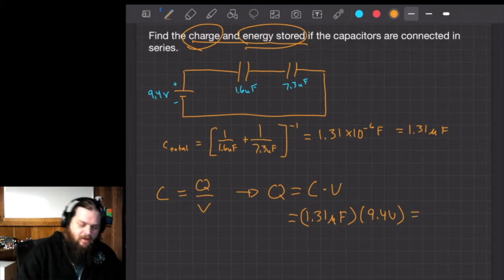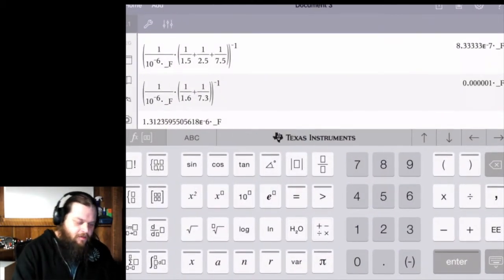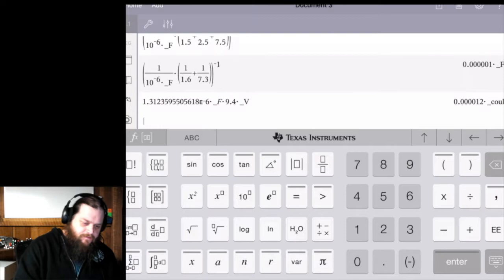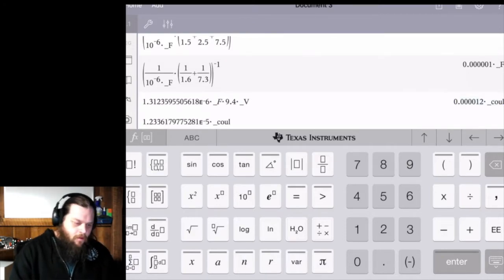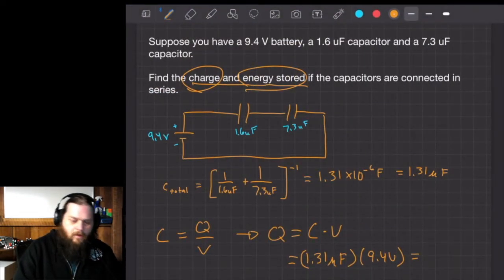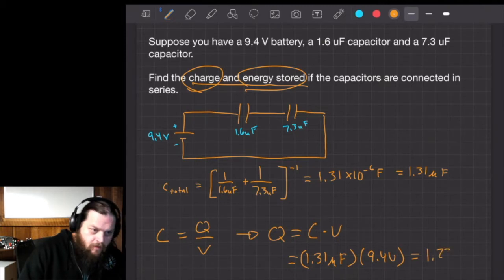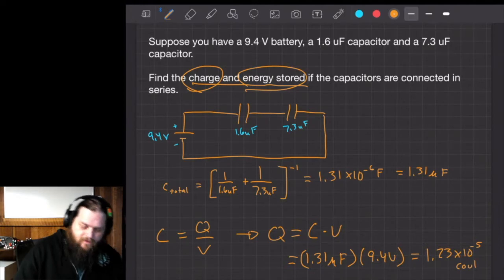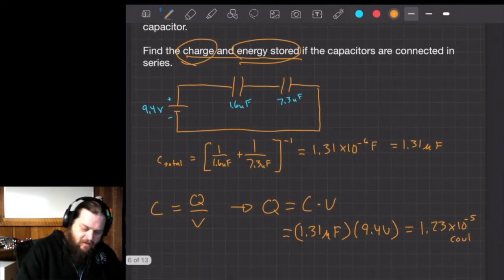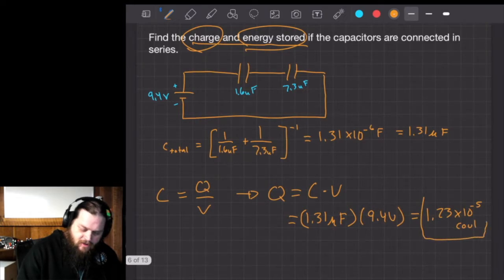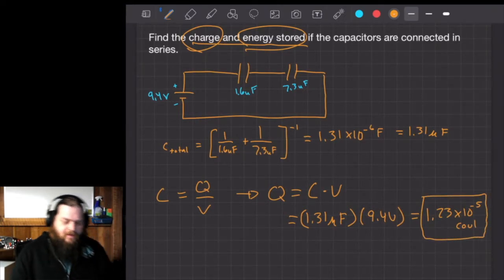Popping back to our calculator, taking the value we just have in there and multiplying it by 9.4 volts, we get 1.23 times 10 to the negative 5 coulombs. So that is going to be our charge, the charge on each of our capacitor plates.